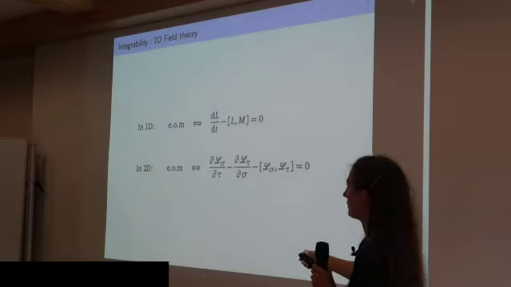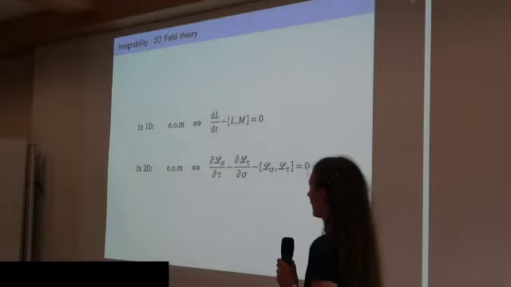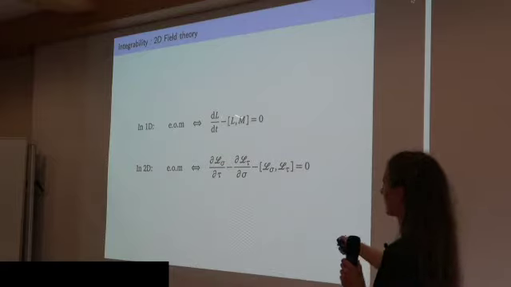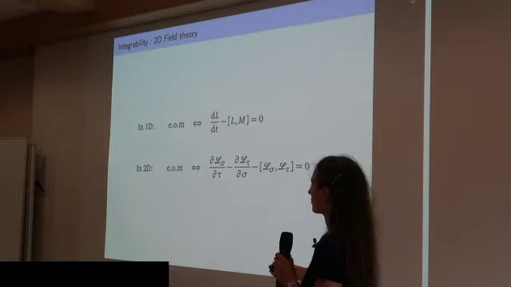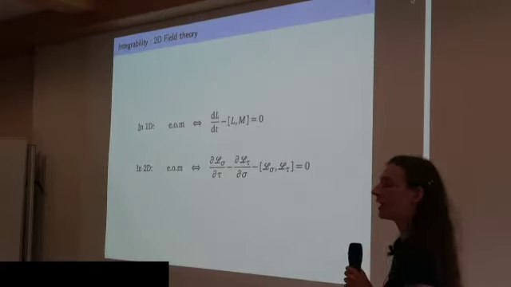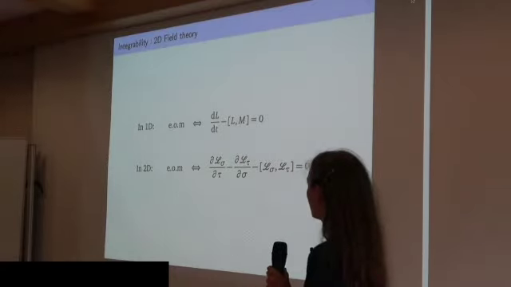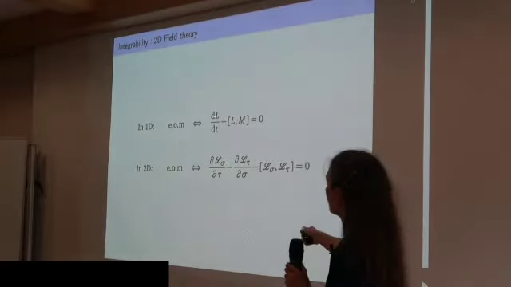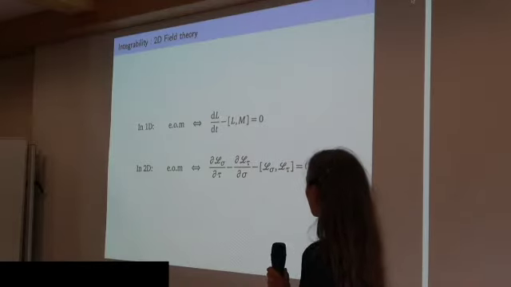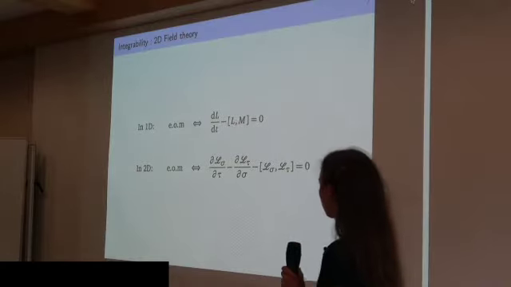So for classical mechanics, we have seen that integrability can be recast as this equivalence between equation of motion and this equation for the Lax pair. And for two-dimensional field theories, if you can rewrite the equations of motion as the flatness condition for a connection L, which generalizes this L and M that you have for one dimension, then you can call your theory classically integrable.